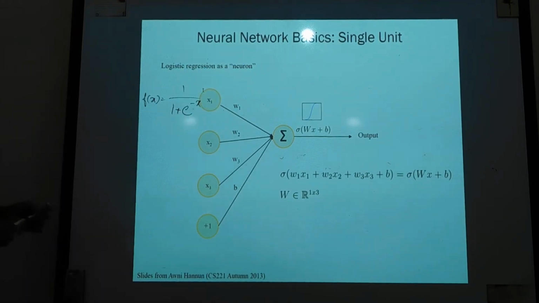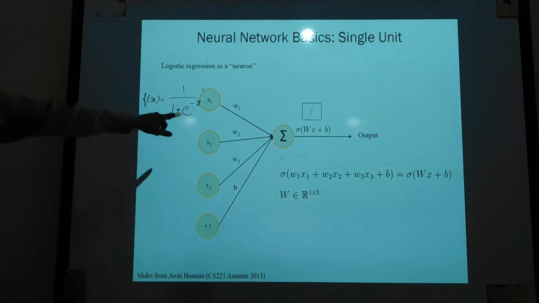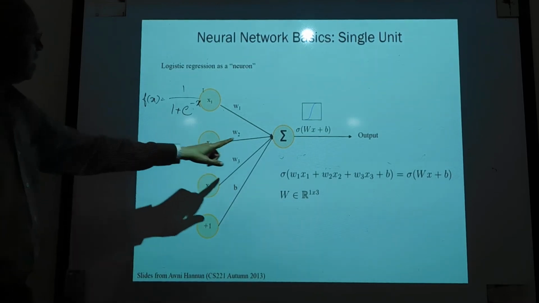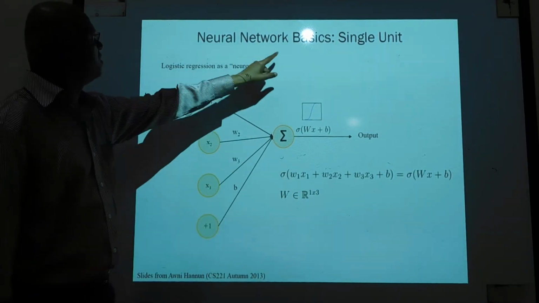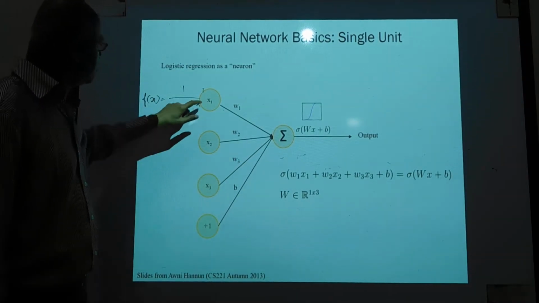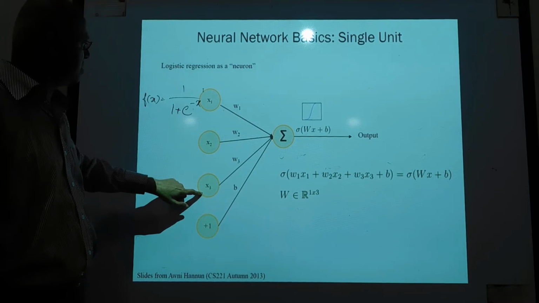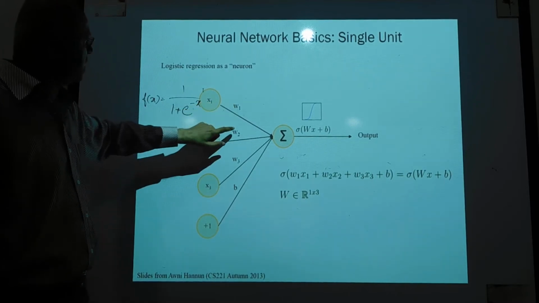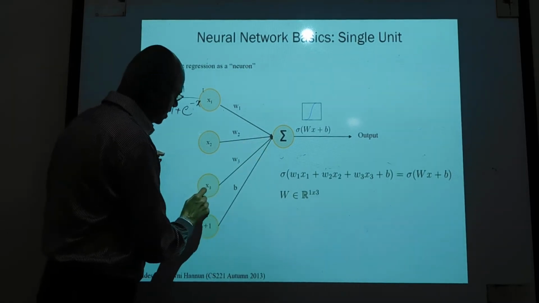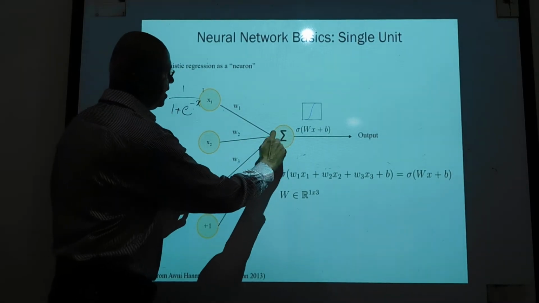Logistic regression. In this particular example, he has considered one neuron, a single neuron. There are three inputs, x1, x2, x3. There are corresponding weights w1, w2, w3. The weights are associated with the arc between this node and the neuron.